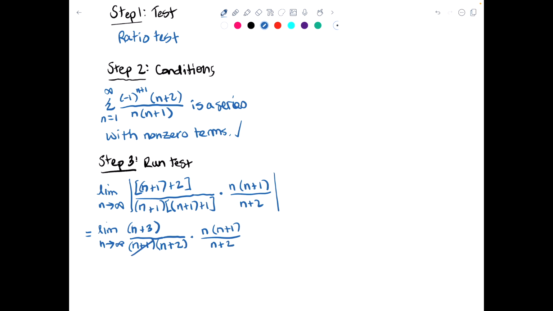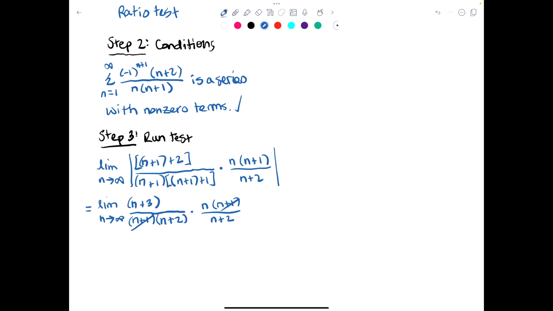The n plus 1s divide out. And what's going to happen is that this is going to end up equaling 1. But I'll show you the work on it.